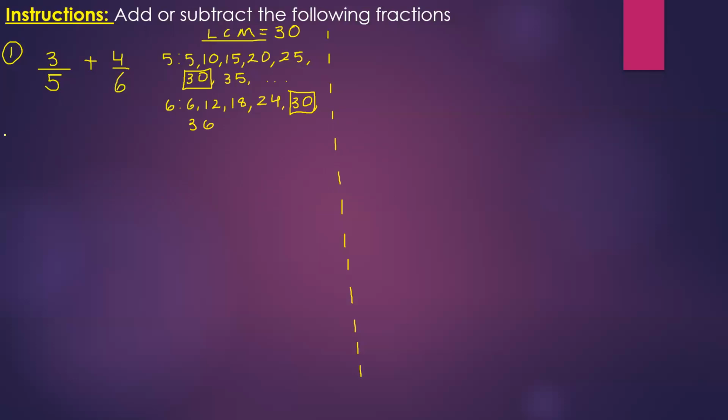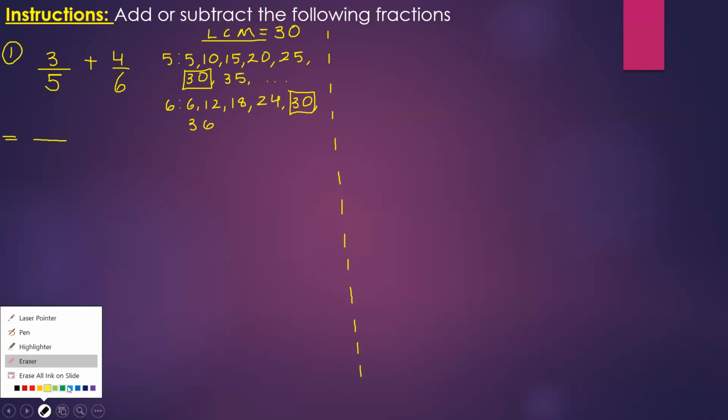So it's going to be equal to... What times 5 gives me 30? Destiny, what times 5 gives me 30? 6. Very good, 6 times 5 gives me 30.